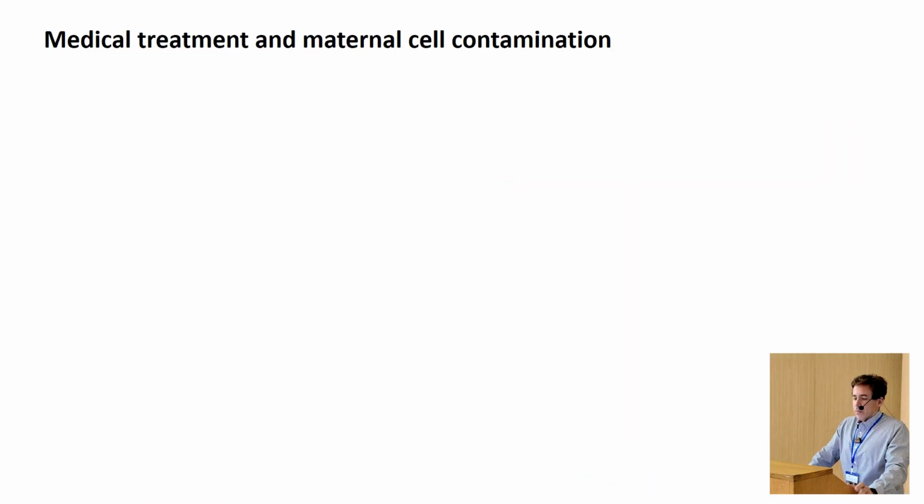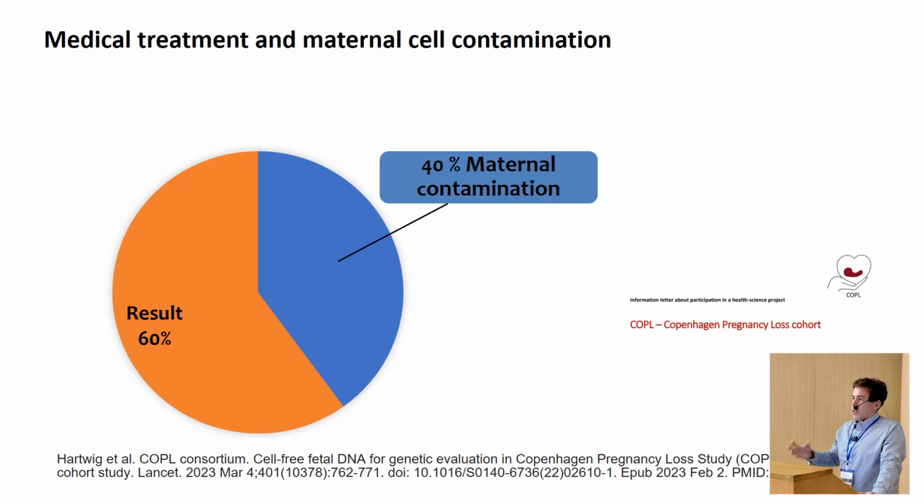And this is a very good study. They tried to get genetic results from the products of conception, obtained by D&C or when the patient had a medical abortion, and they took the sample and analyzed it, and they found that 40% of the patients had no result because of maternal contamination.